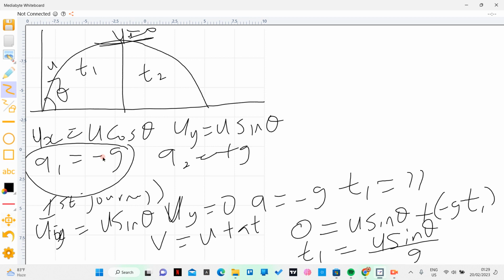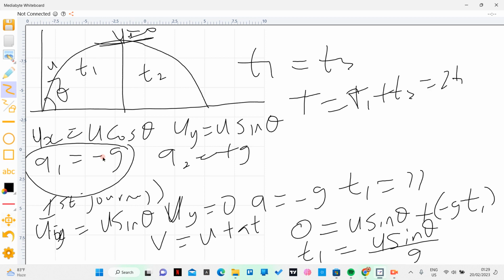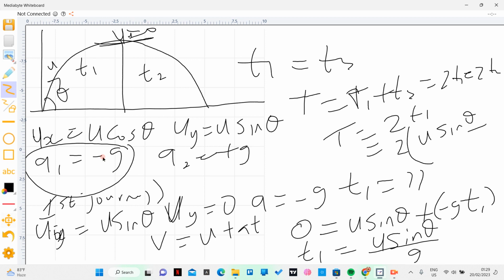And don't forget that I told you that T1 is equal to T2. And the total time of flight is T1 plus T2, or it can also be 2T1 or 2T2. So the total time of flight is 2T1, which is 2 times u sine theta over g.